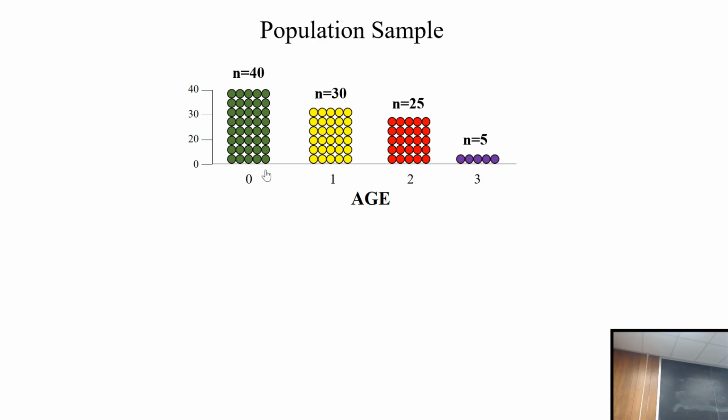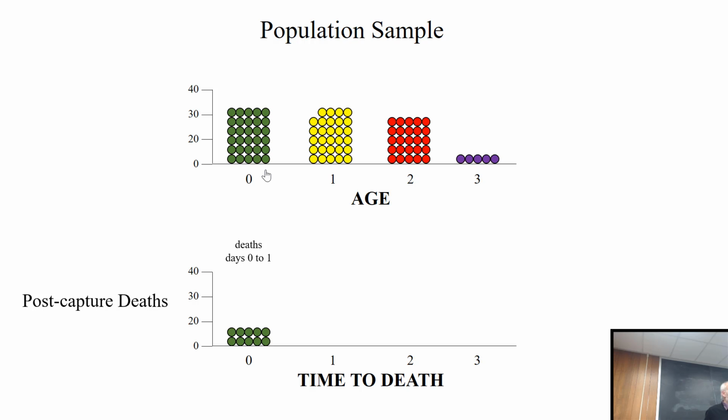So in our black box right in here, our marked individuals, this is the number of individuals in each of those age categories from that stationary population. So we have 40, 30, 25, and 5. Now we're going to follow them forward, and we're going to count the number of deaths. Anyway, here are the post-capture deaths.